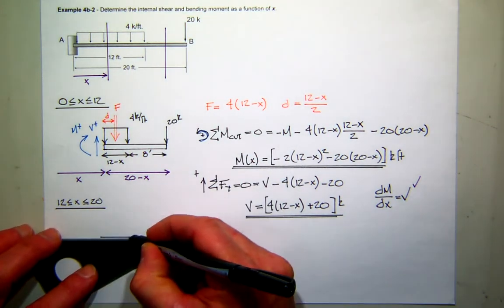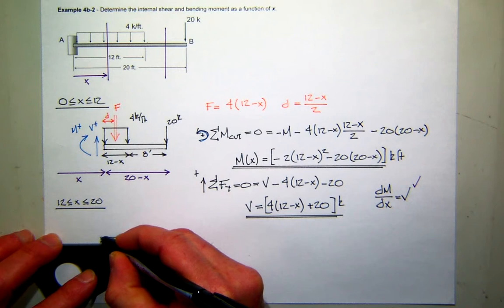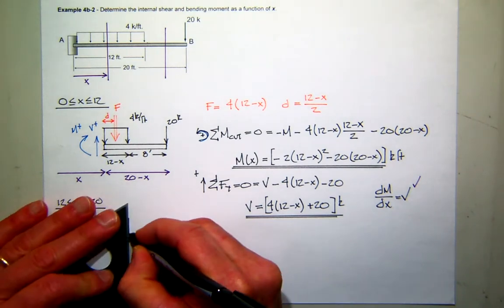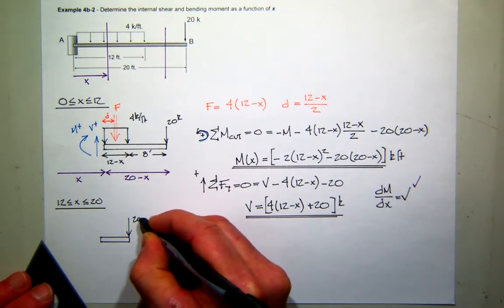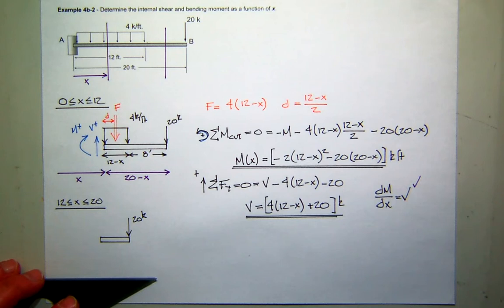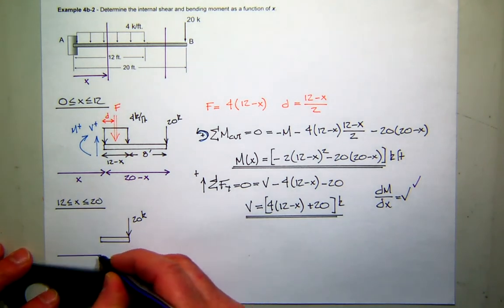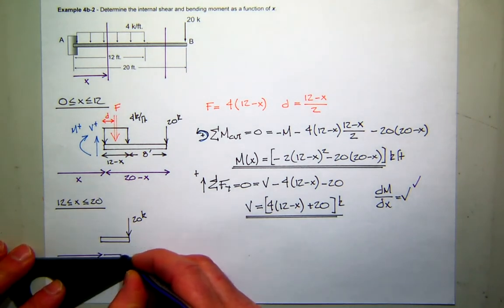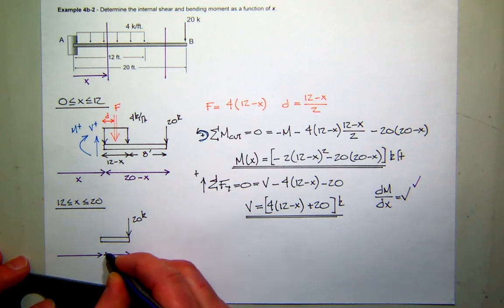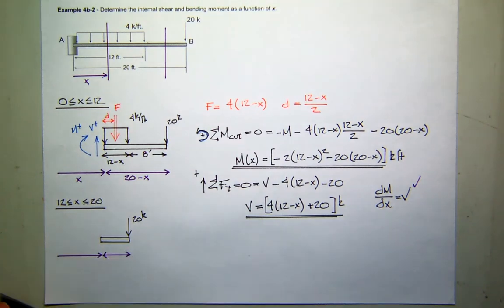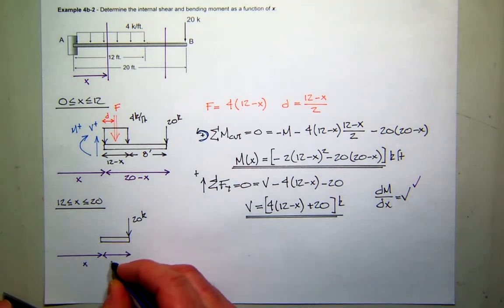So if I draw that free body diagram, you can see there's not a lot to consider. I just have the 20 kip force. Just so you remember that it's still happening at some distance x, and then the remaining piece, the section of our free body, would be 20 minus x.